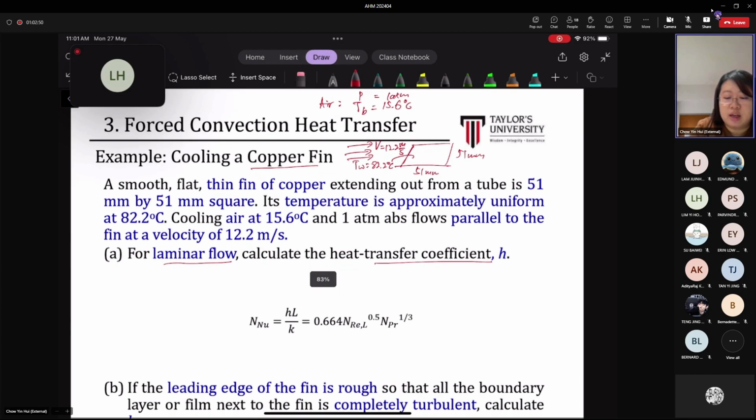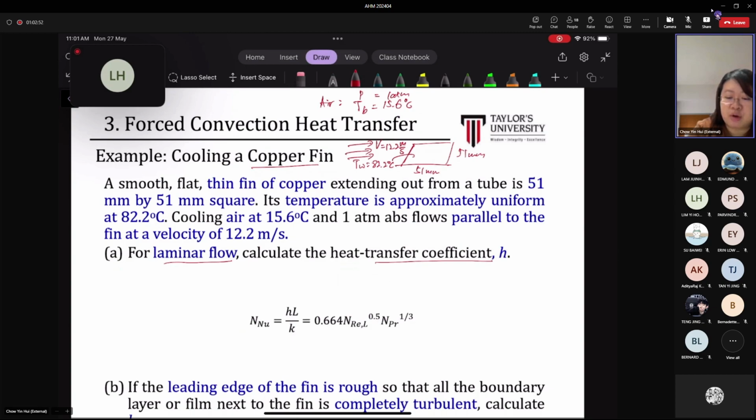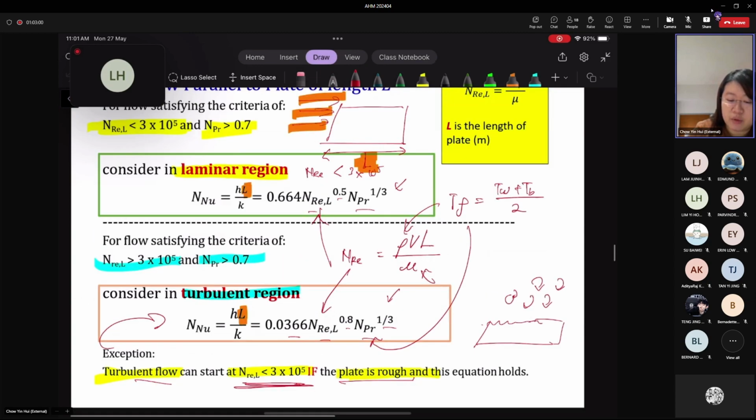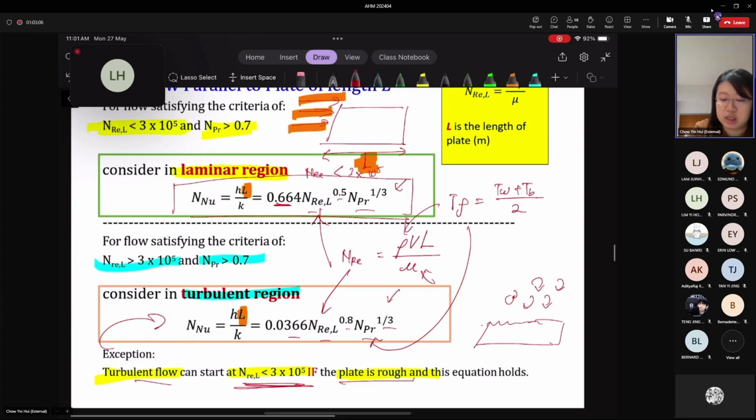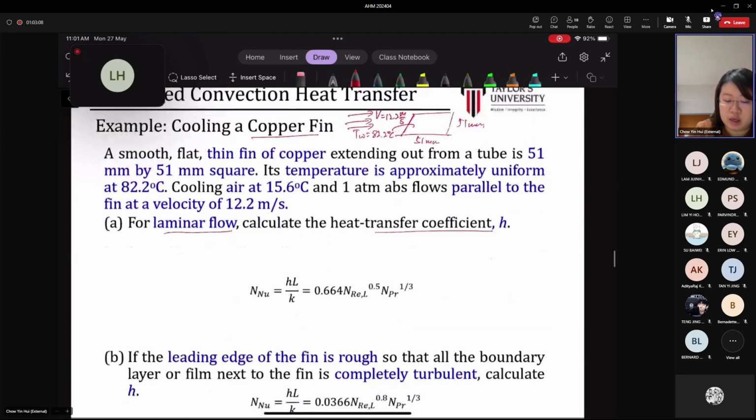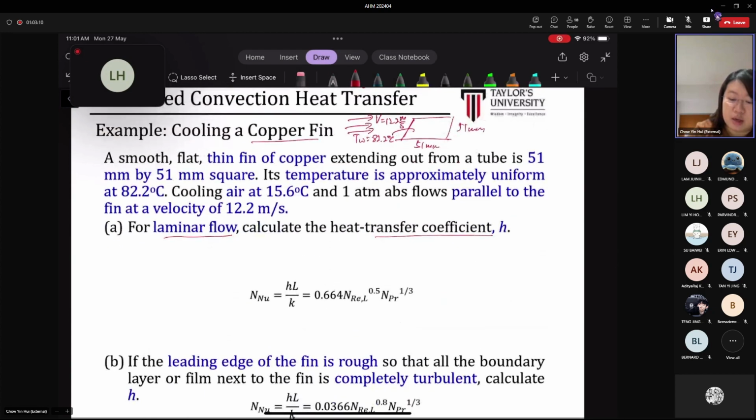So let's try and calculate to see if it's really laminar flow. If it's laminar flow, we should be applying this correlation here, the one with 0.664. I've copied it out here. The Reynolds number is rho VL per mu.